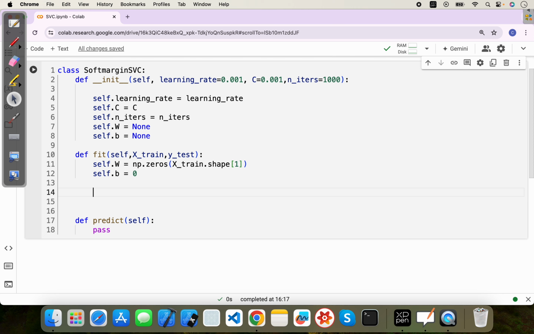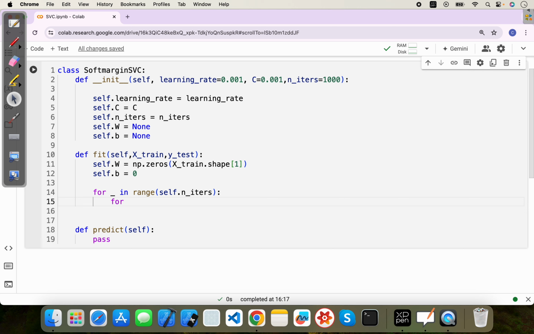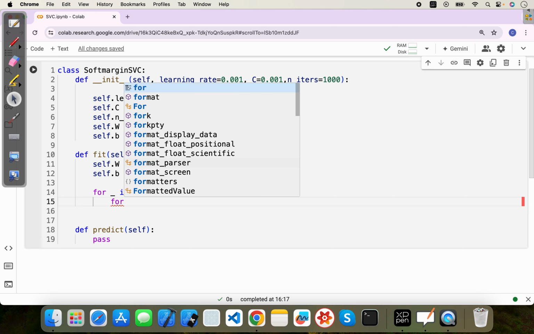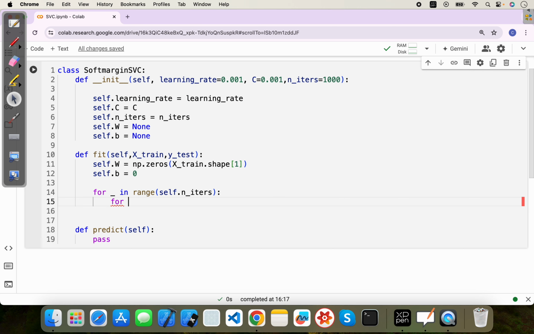So basically we will update our weight for each point, right? So let's first iterate over the number of iterations, right? We have defined range(self.n_iters). Okay, now we need to iterate over the whole data set, right?